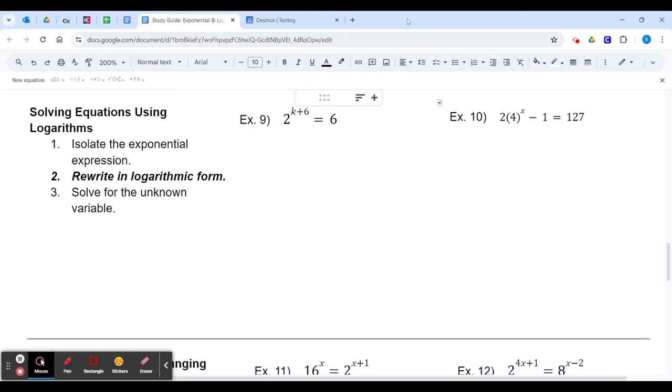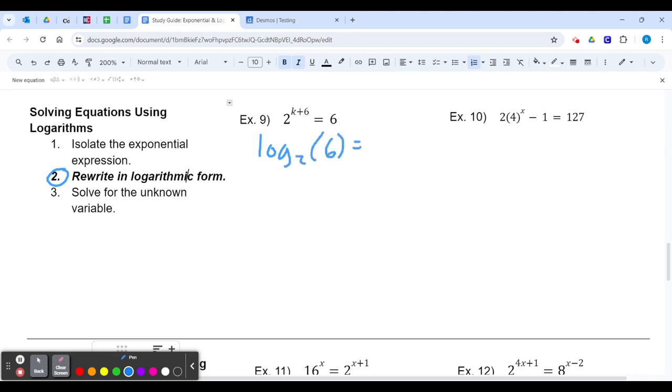If I'm looking at this exponential equation here, 2 to the k plus 6 power equals 6, it's already isolated. So I can jump right into step 2 here, which I'll write in blue, and start to work through this logarithmic form. So I have a log, my base is 2, inside of that is 6, and that is equal to whatever our exponent is, k plus 6.